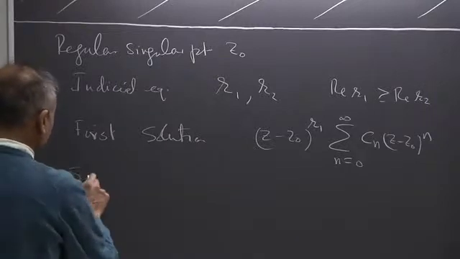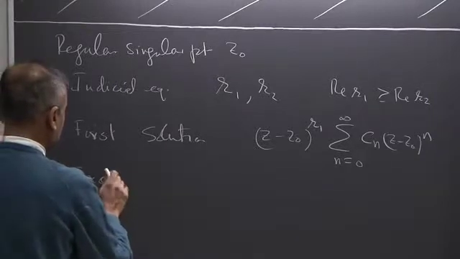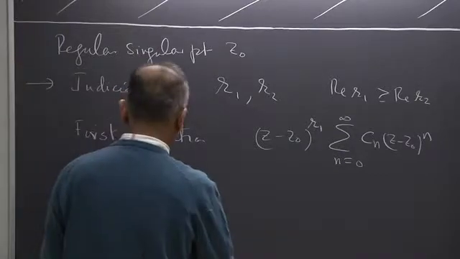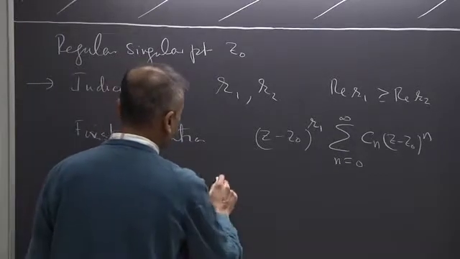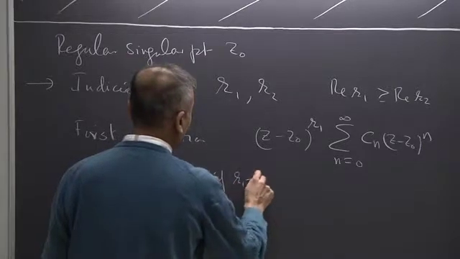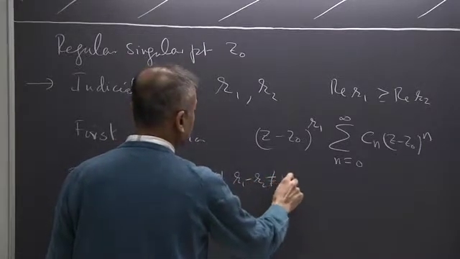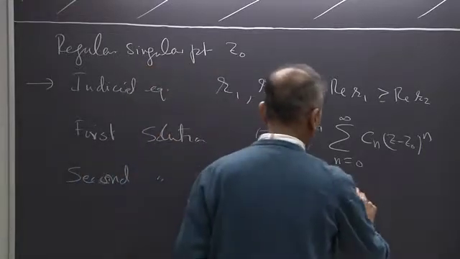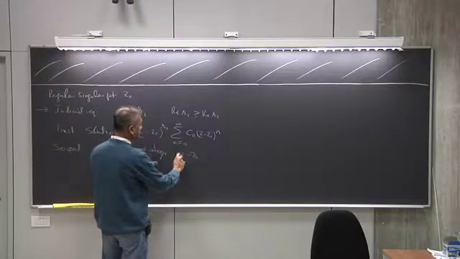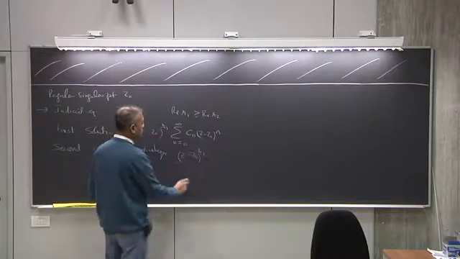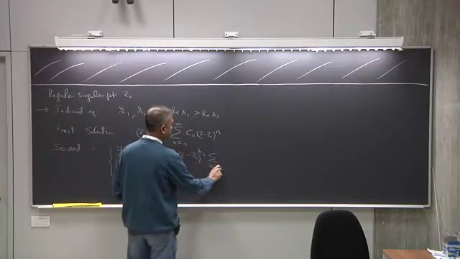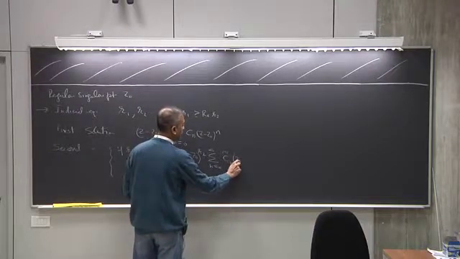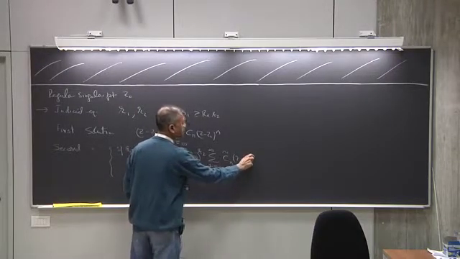The second solution, now that depends. Okay, so there are several possibilities. If R1 minus R2 is not an integer, then the second solution is again of the same form, except that R1 is replaced by R2, and then you have again n equal to 0 to infinity with some different coefficient C tilde n (Z minus Z0) to the n.